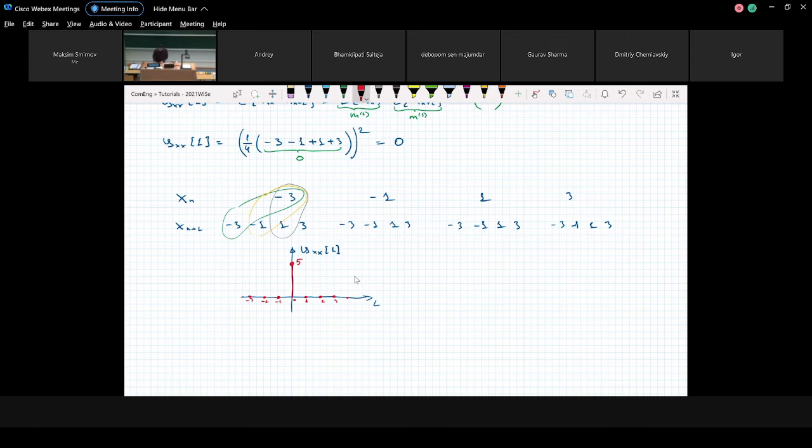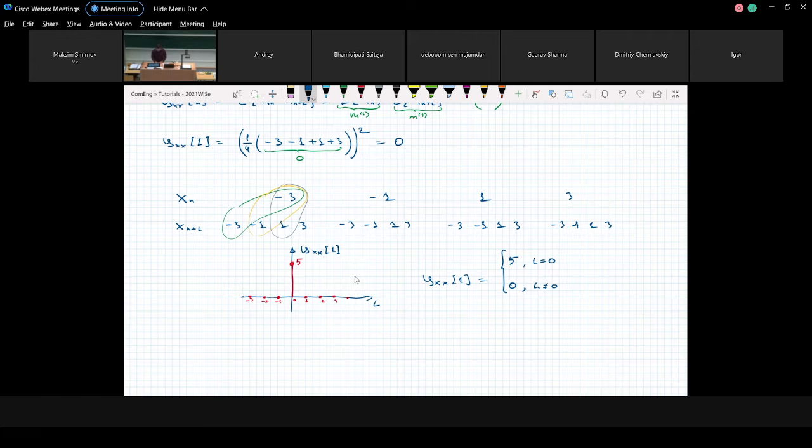For the equation, you can write that phi xx of L equals 5 when L equals 0, and equals 0 when L is not equal to 0.